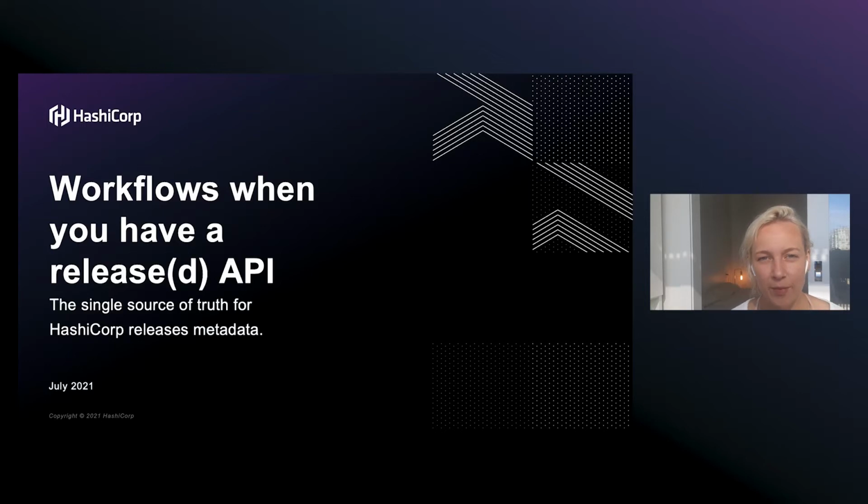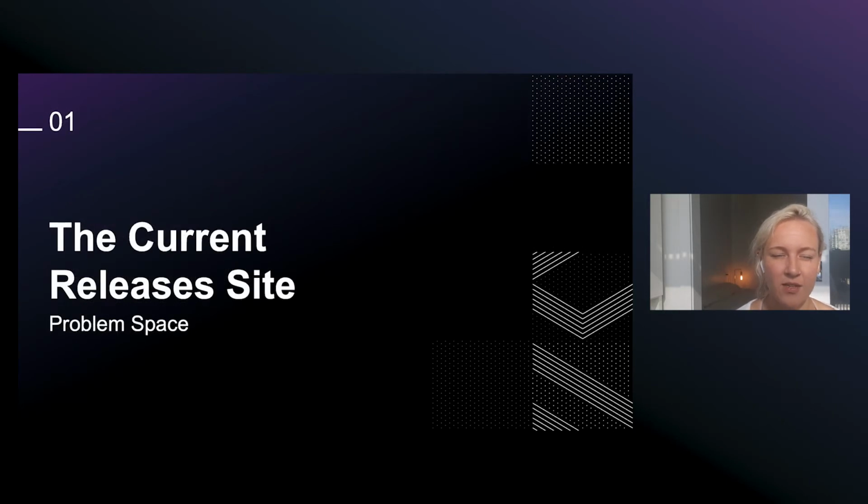So to give a bit of context to the problem space we wanted to address with this service, I'll show you the existing structure of the current releases site and the internal HC releases binary that is responsible for building all the data on the current site. So the current releases site contains static HTML and JSON release metadata built by our internal HC releases binary.